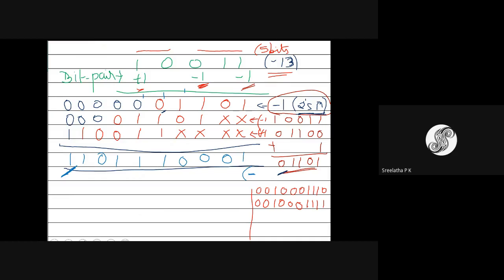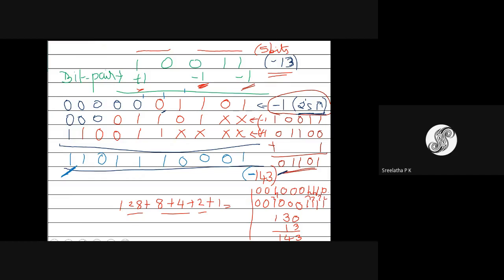This is 2 power 0, 2 power 1, 2 power 2, 2 power 3, and so on, and this is 2 power 7, which is 128, plus 2 power 3 is 8, plus 2 power 2 is 4, plus 2 plus 1. The sum is 130 plus 13, I get 143.